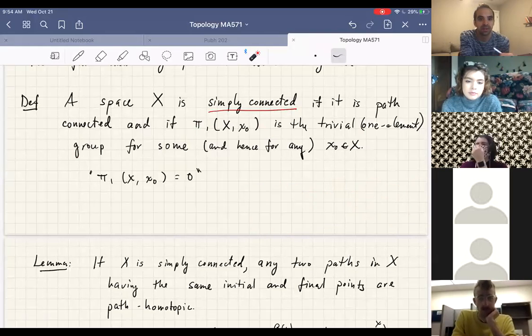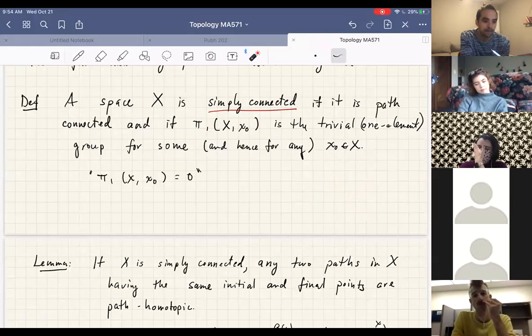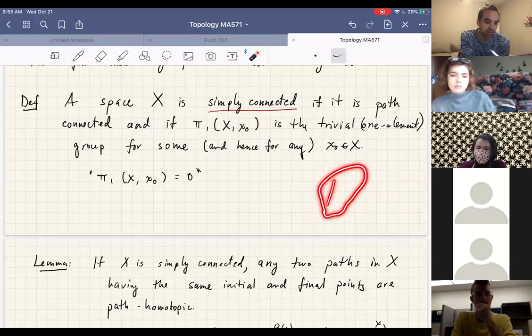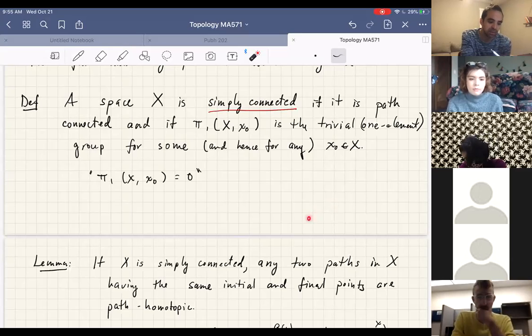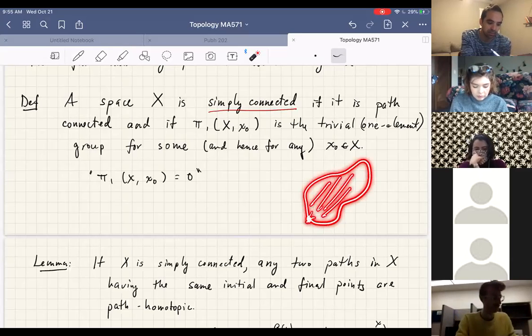Is that the same as saying the identity is null homotopic? No, that means any loop is null homotopic. Null homotopic means, well, depends, I didn't define this word. Yeah, I think you didn't use it. I just mean homotopic to the constant loop. Any loop is homotopic to the constant loop.